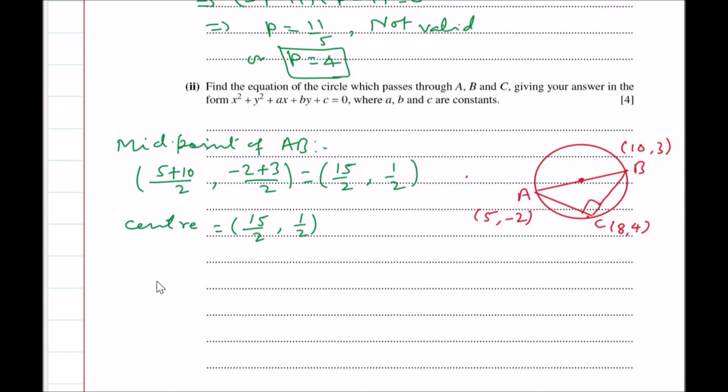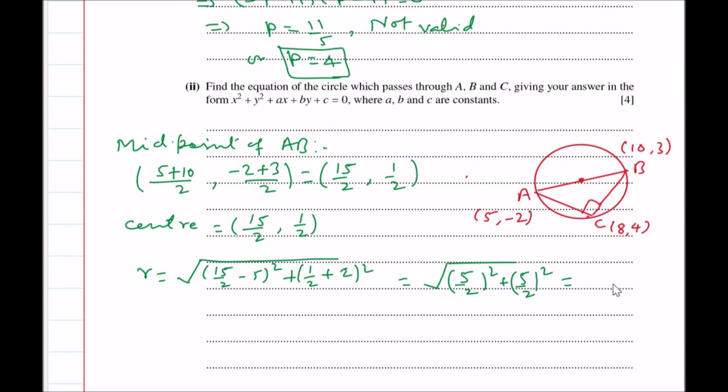So let us find the radius r: root under (15 by 2 minus 5) whole square plus (1 by 2 plus 2) whole square, and that gives us root under 5 by 2 square plus 5 by 2 square.